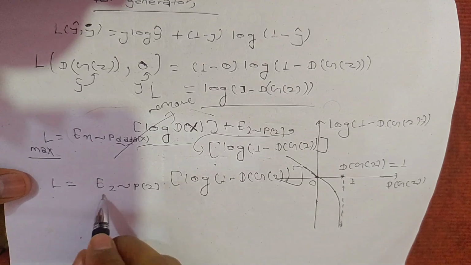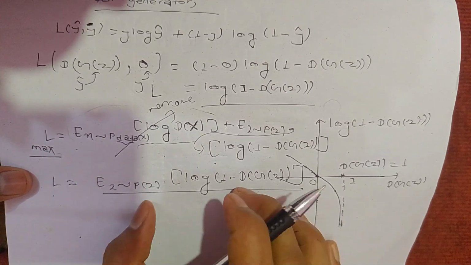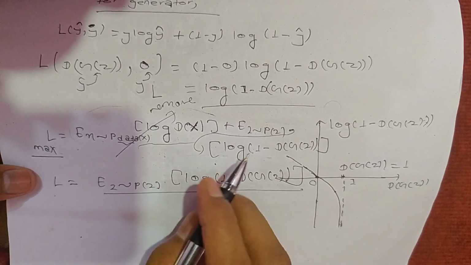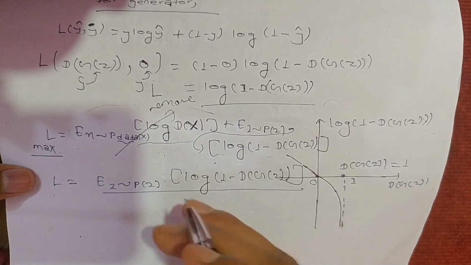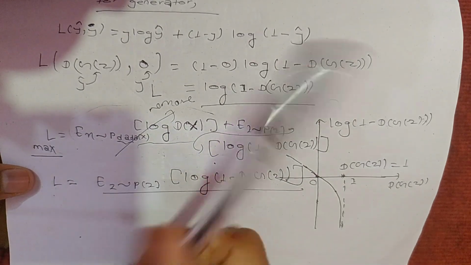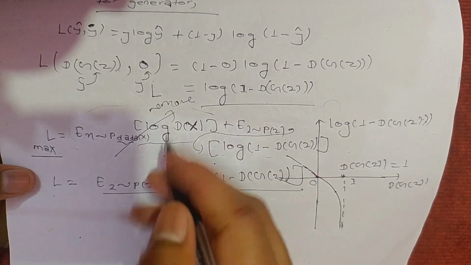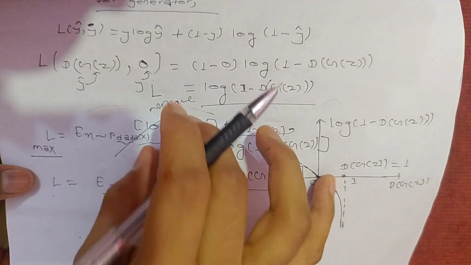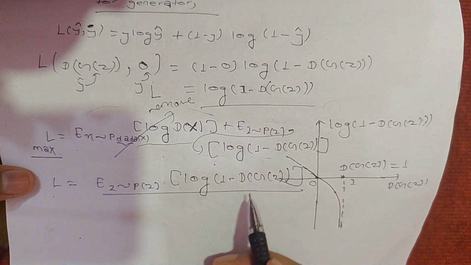We arrive at this equation because we are deriving the loss for the generator from the loss of the discriminator. We do not have access to this term, so our objective becomes this.